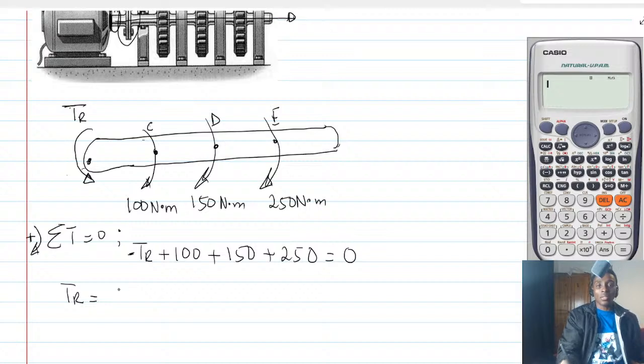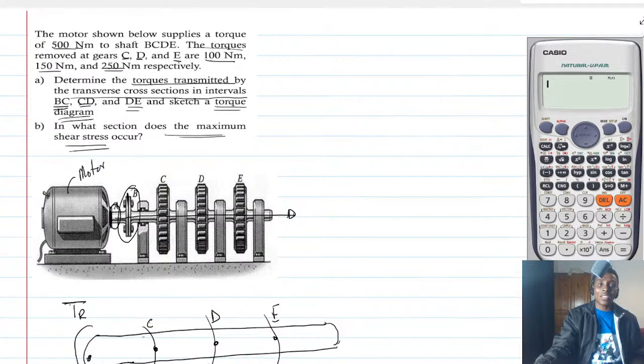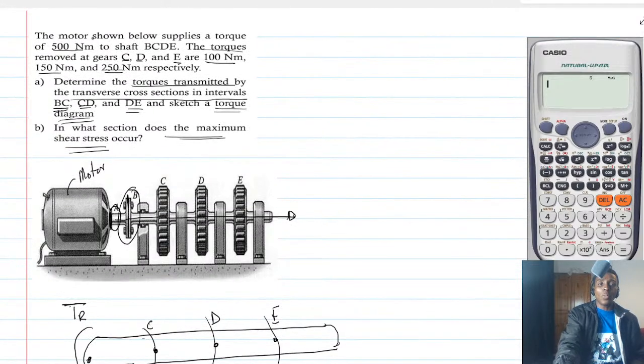And what is that? So 100 plus 150 plus 250, that is 500. So in other words, what this is trying to tell us is that the motor is supplying 500 Newton meter, and this same 500 Newton meter is supplied exactly at the coupling. Alright? This is the coupling.